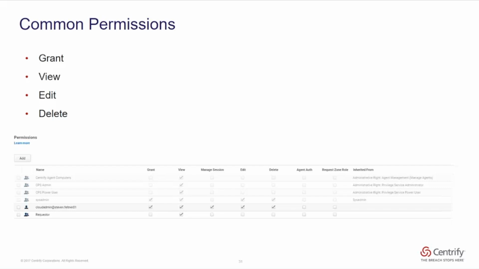The view is very important in this case because without the view access, a normal privileged user will not be able to see the system or account. Next, you have edit. Edit, in the name, allows you to edit the settings of a specific account or system. And lastly, we have delete. Delete allows you to delete the system or account that it's registered to.